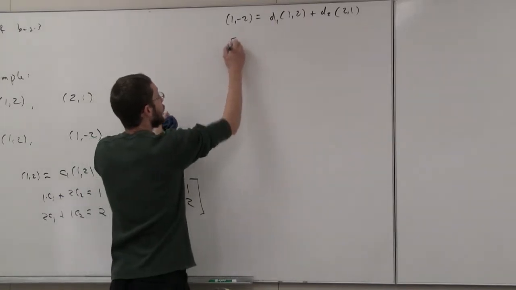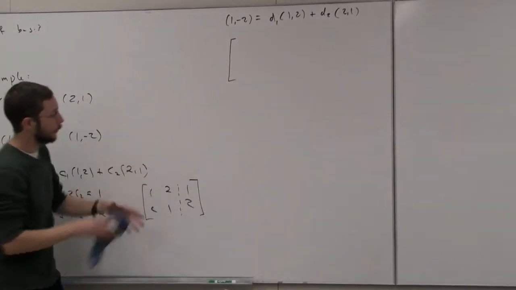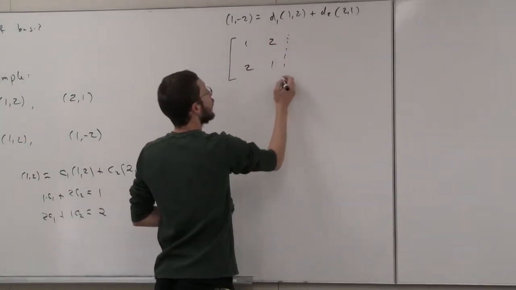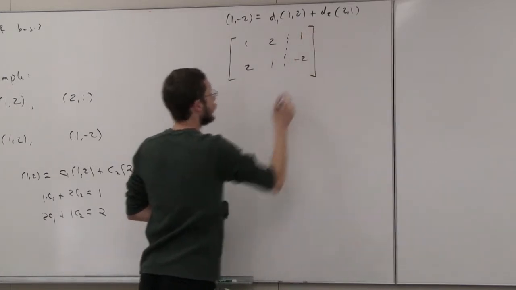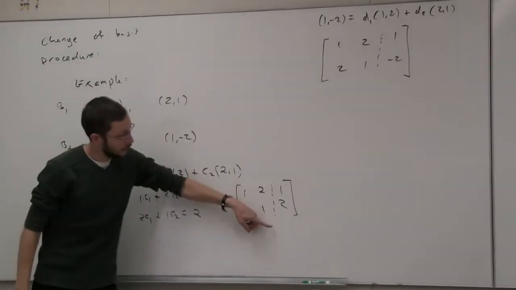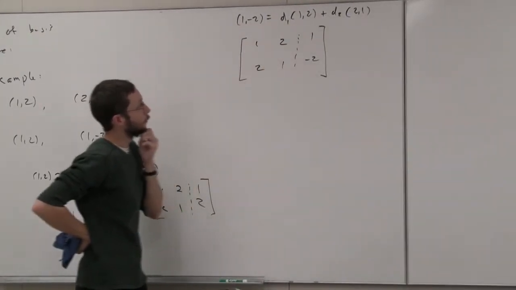The matrix is basically going to be the same matrix, 1, 2, 2, 1, but with this vector in the column. Here we had it equal to (1, 2), so (1, 2) went in the column. Here we set that equal to (1, -2), so that goes in the column.